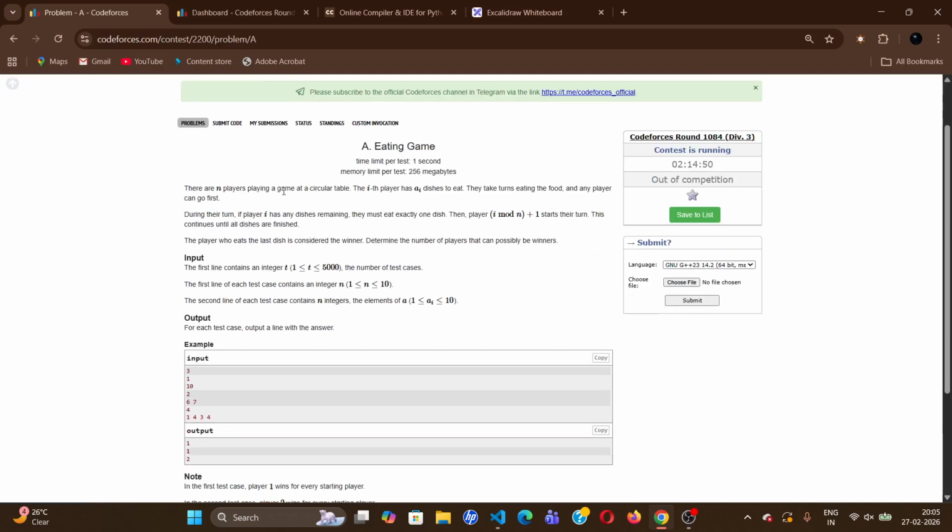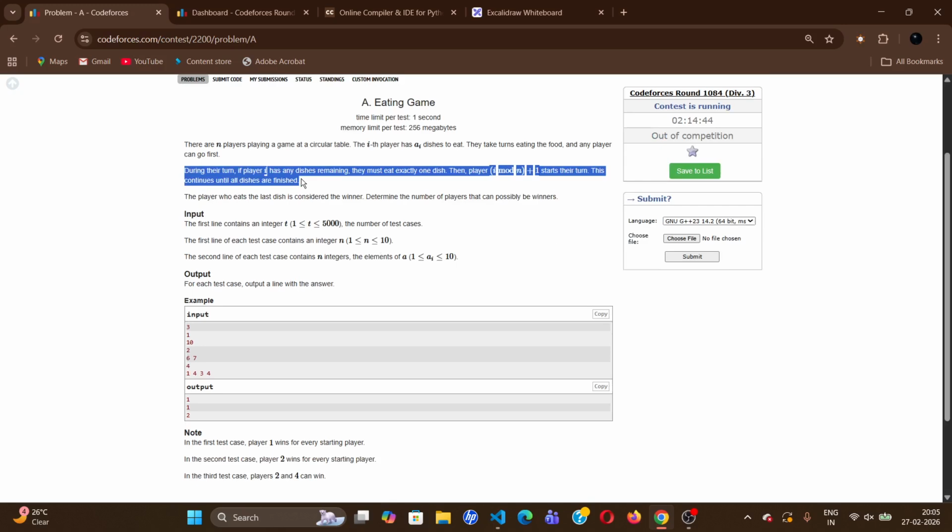There are n players playing a game at a circular table. They take a fruit and play, and anyone can go first. During the turn, player i, if any dishes remain, must eat exactly one dish.